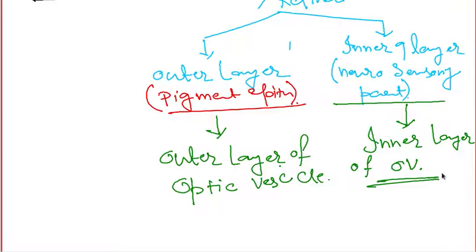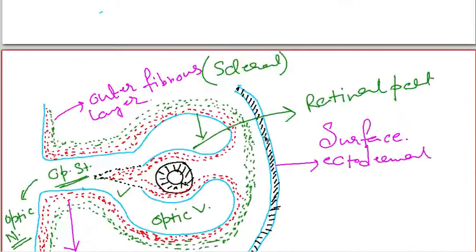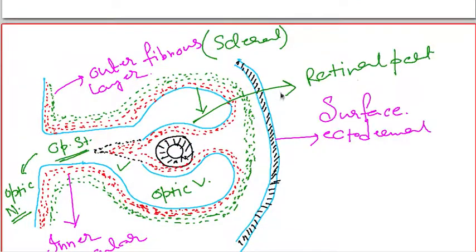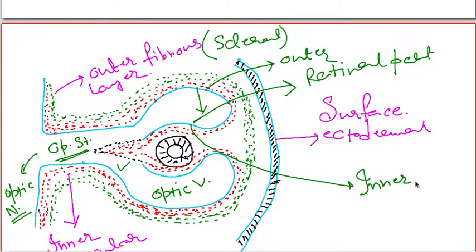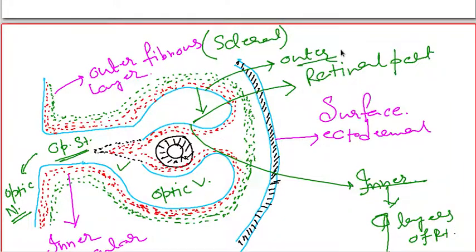I have already told you about this in the diagram. So this is the outer part, and this part is the inner part of the optic vesicle. This is the optic vesicle, this is outer, and this is inner. This inner will form the 9 layers of the retina, and the outer will form the retinal pigment epithelium.